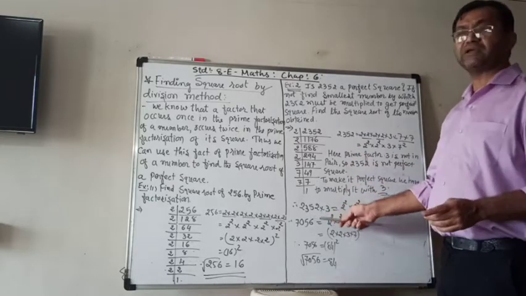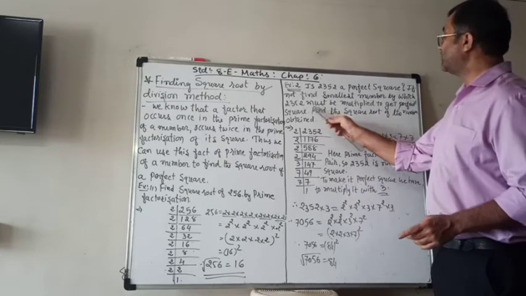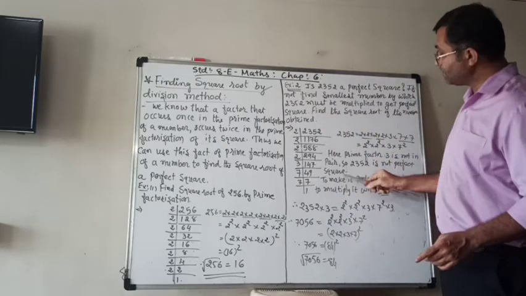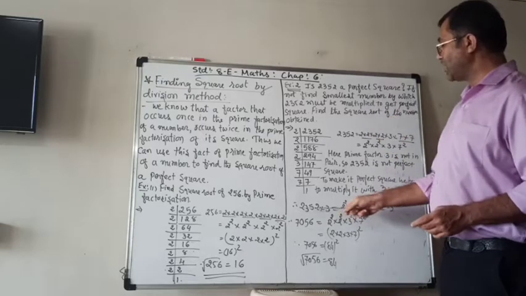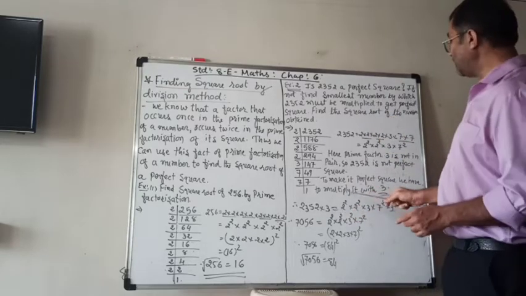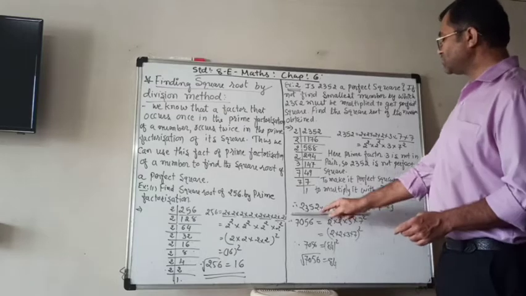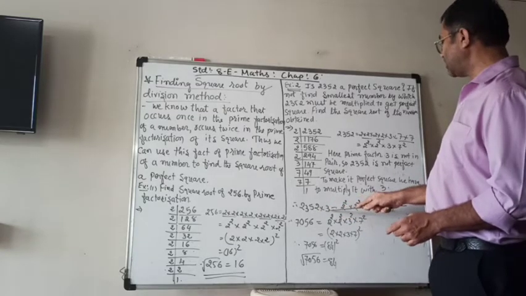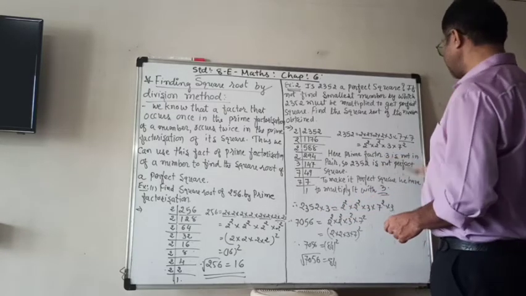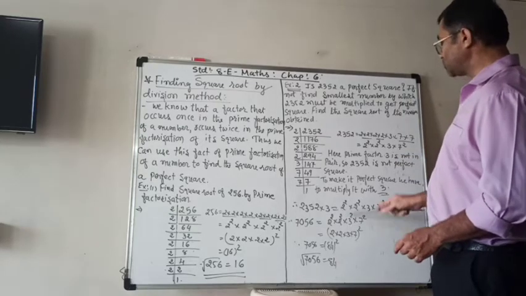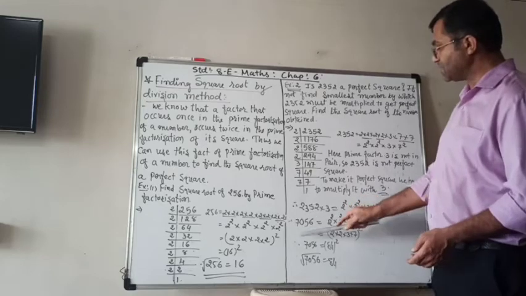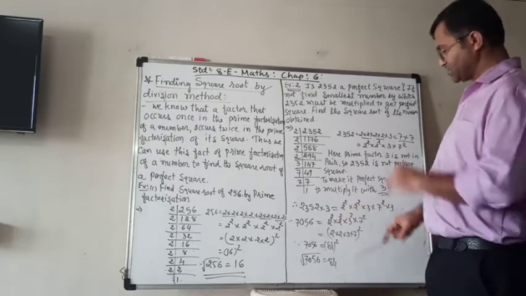Here we multiply by 3, but if it is asked to divide, then we divide that number by 3. But here it is multiplication, so we multiply it by 3. So 2352 multiplied by 3 is equal to its prime factorization multiplied by 3. So 3 will become a pair, so 3 square. And the product is 7056.